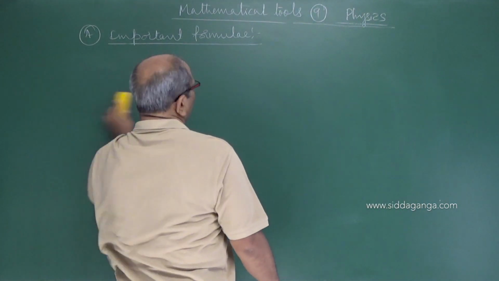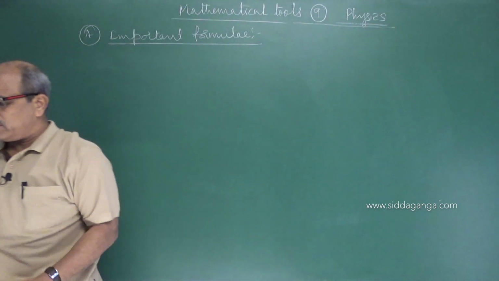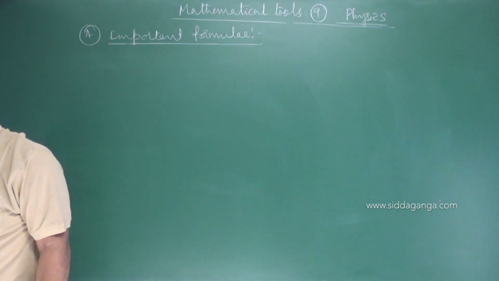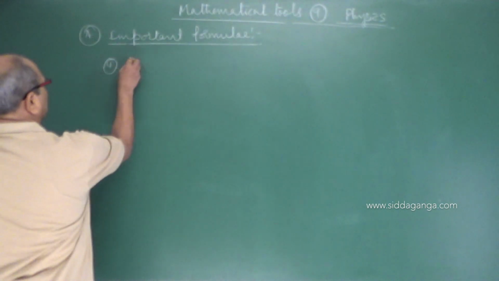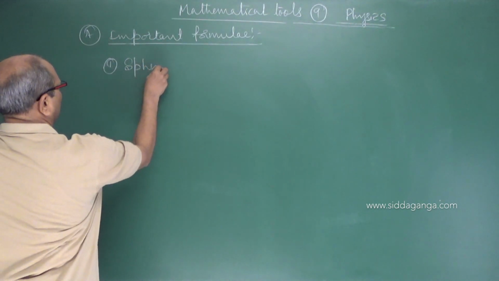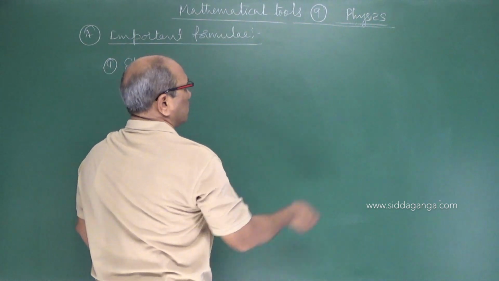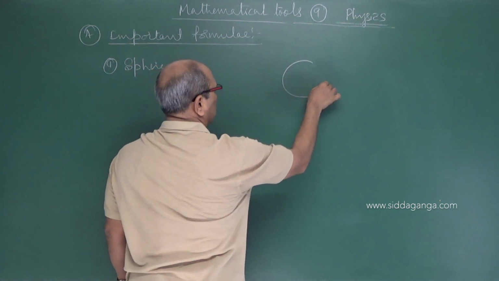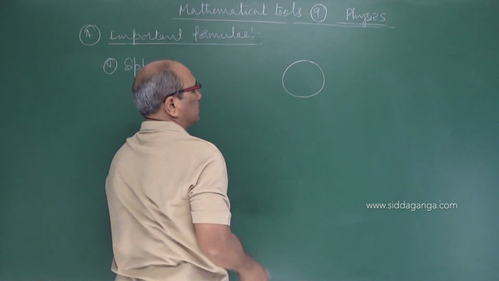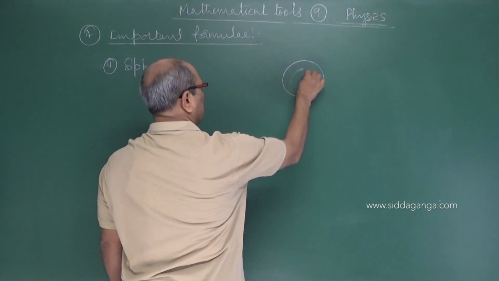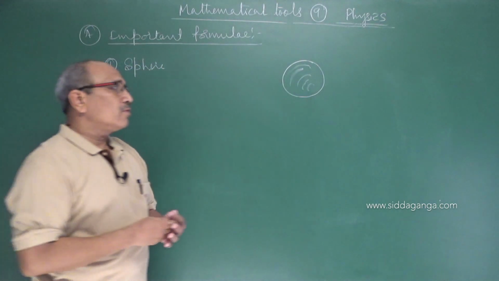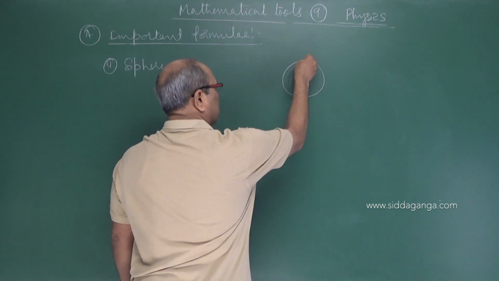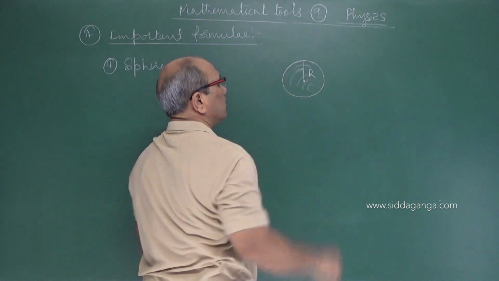So we are taking some important shapes which are commonly used in physics. Most importantly, the sphere. The sphere has a shape like this. Three-dimensional bodies we are now imagining. It is also measured by the radius r.